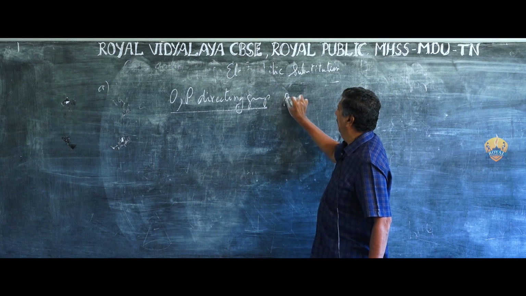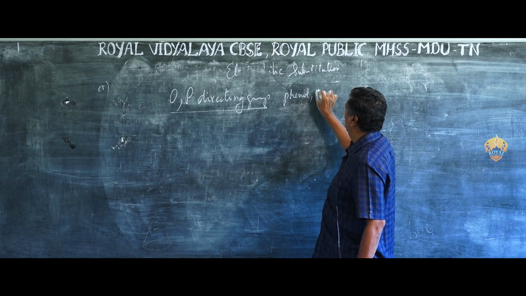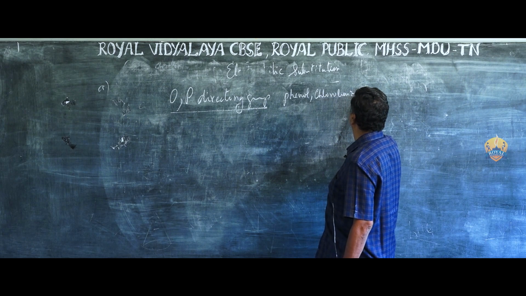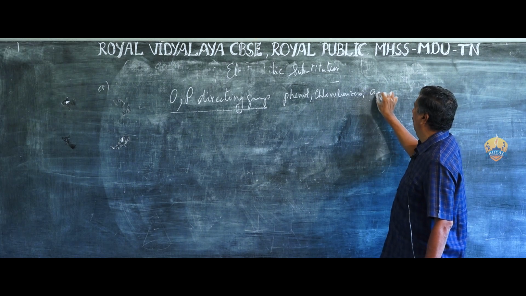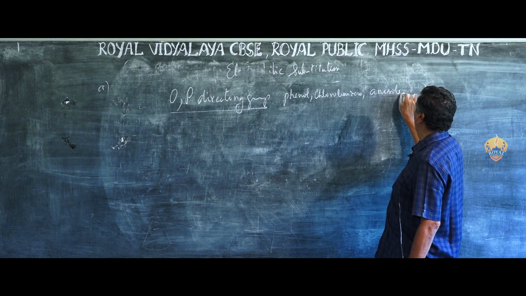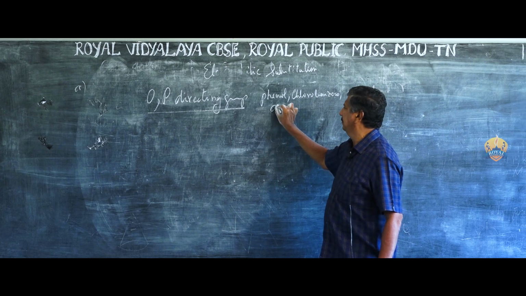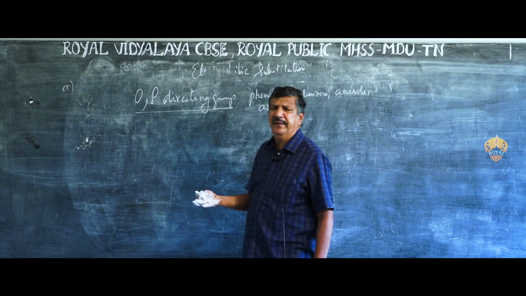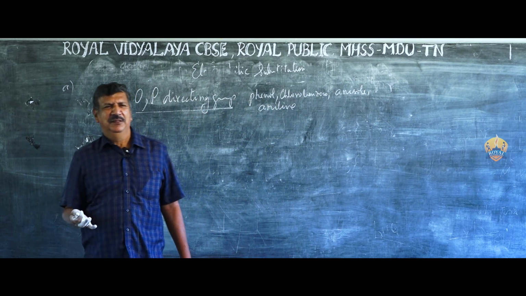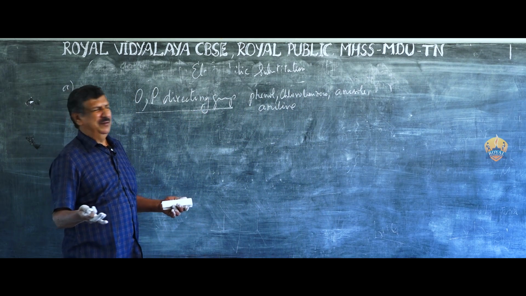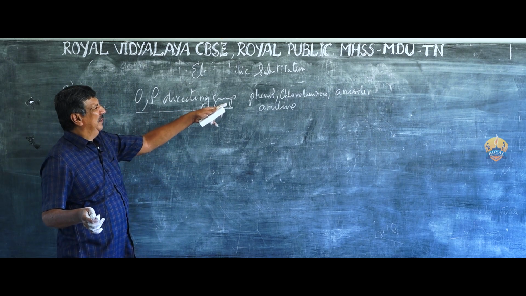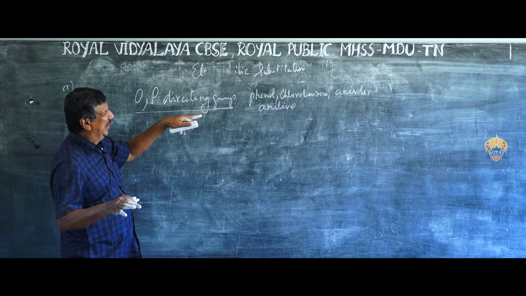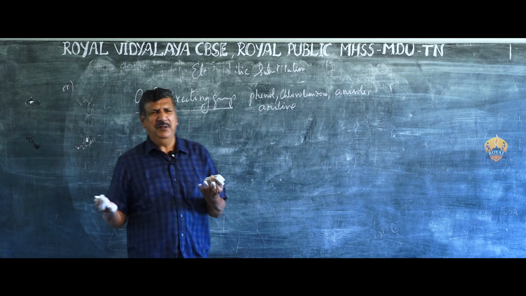You see, phenol, chlorobenzene, anisole, aniline. These are ortho-para directing groups. Somebody can ask me, sir, you are writing ortho-para directing groups like this, what is the basis for this? Nothing. I am just telling you now.